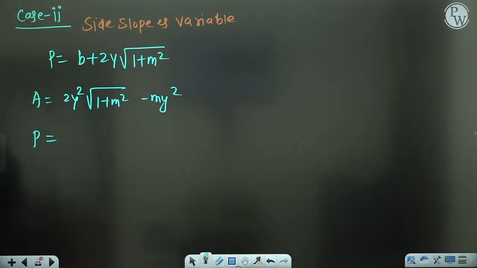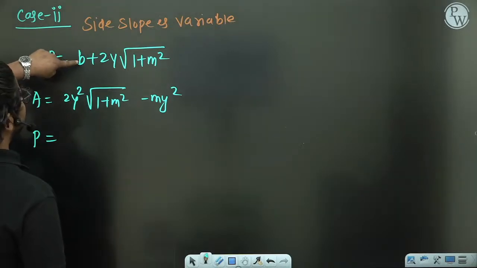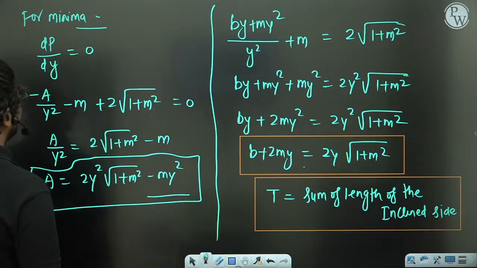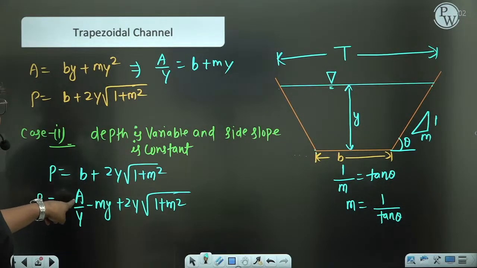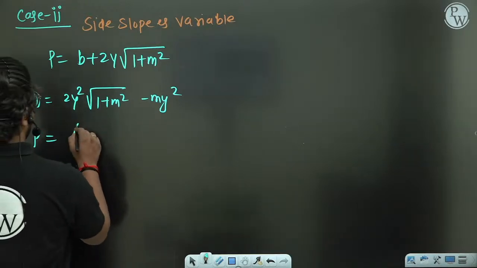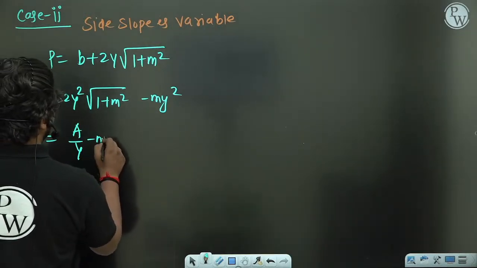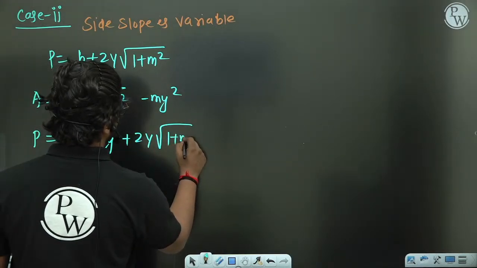So P equal to area, this B part I can write again in this way: in place of B, I have written A by y minus my. So A by y minus my plus 2y root under 1 plus m square.